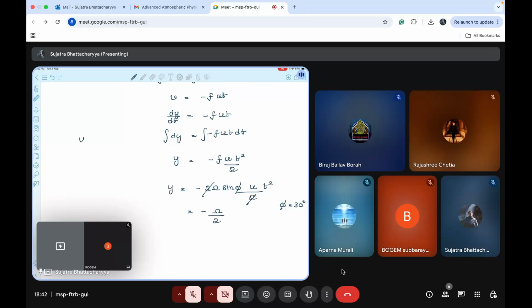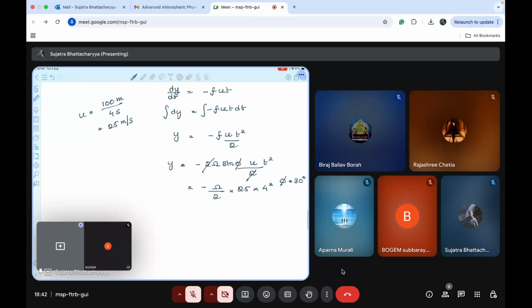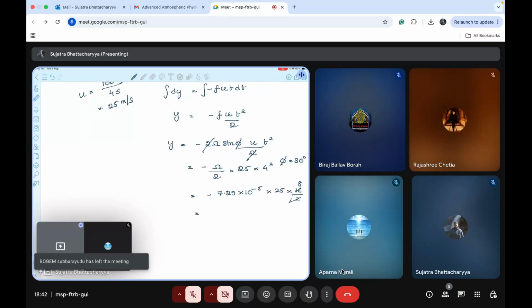u can be written as, say, it has traveled 100 meters in 4 seconds, so it will be 25 meters per second. So this will be 25, and time is 4 square. Finally, if you do all these calculations, minus 7.29 into 10 to the power minus 5 into 25 into 16 by 2, this will be 8. 25 into 8 will be 200.